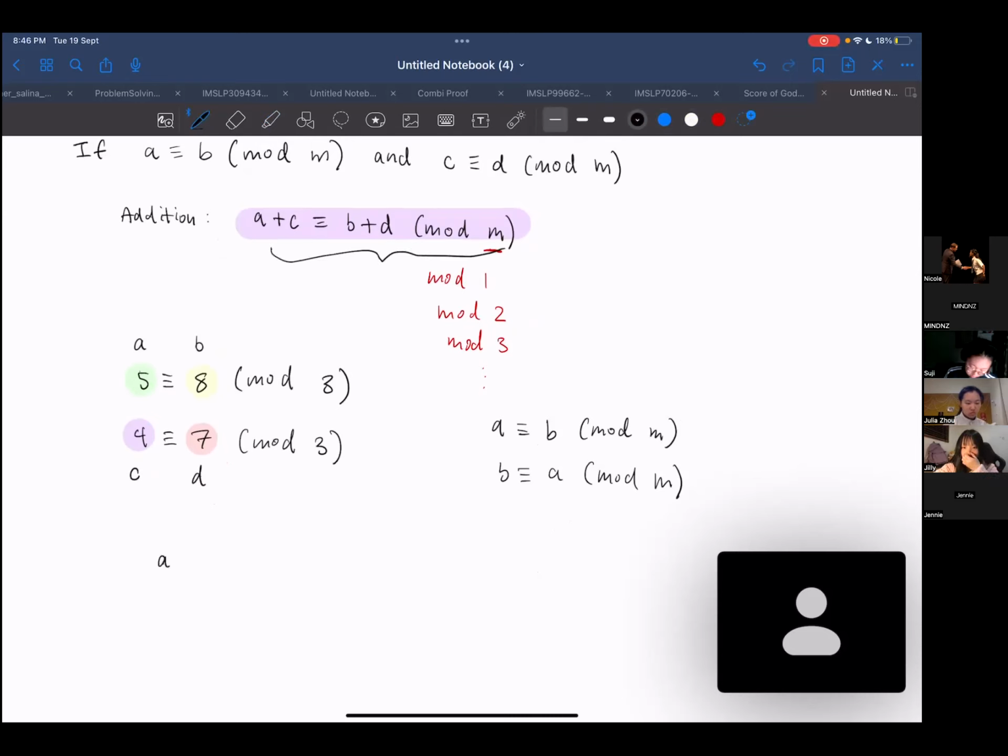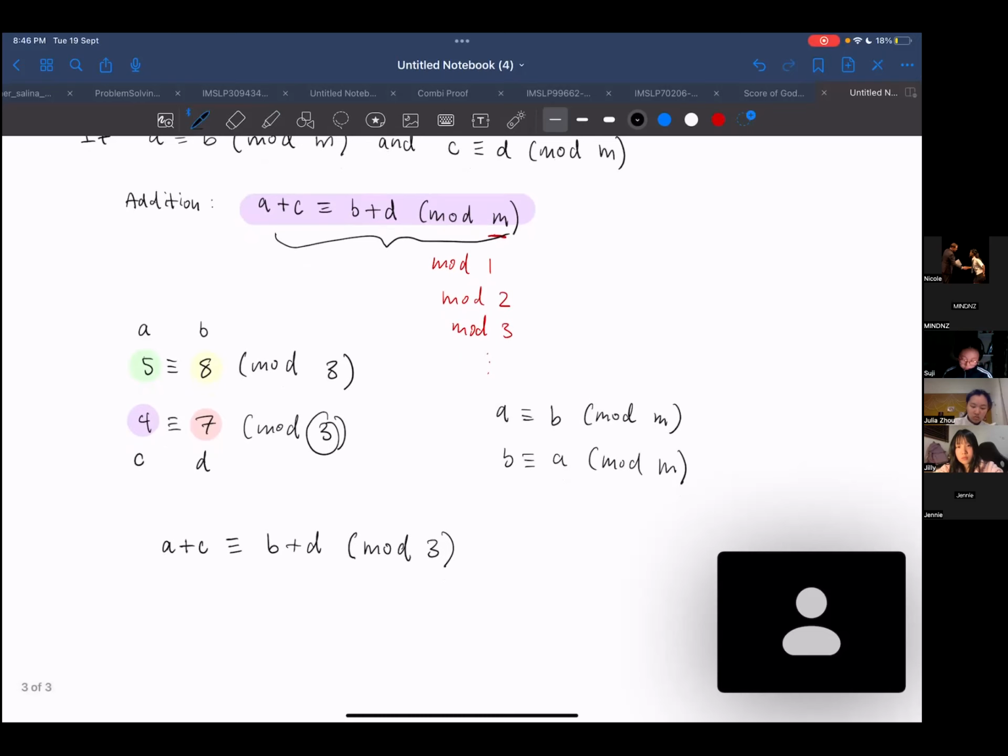So we want A plus C is congruent to B plus D in mod M, and in this case M equals 3 as I've given here, so we have mod 3.